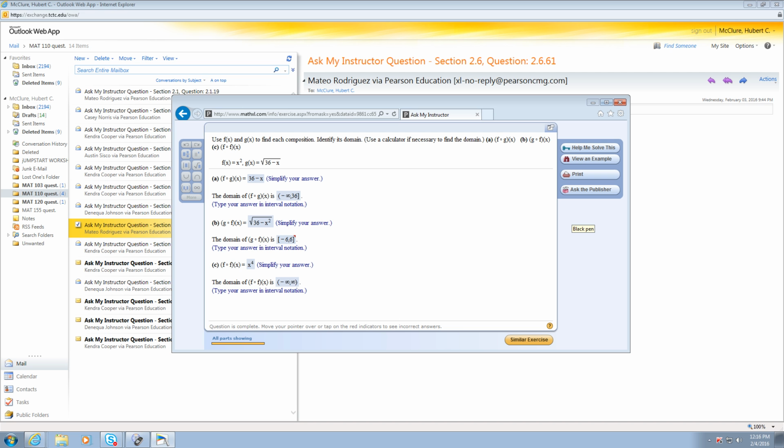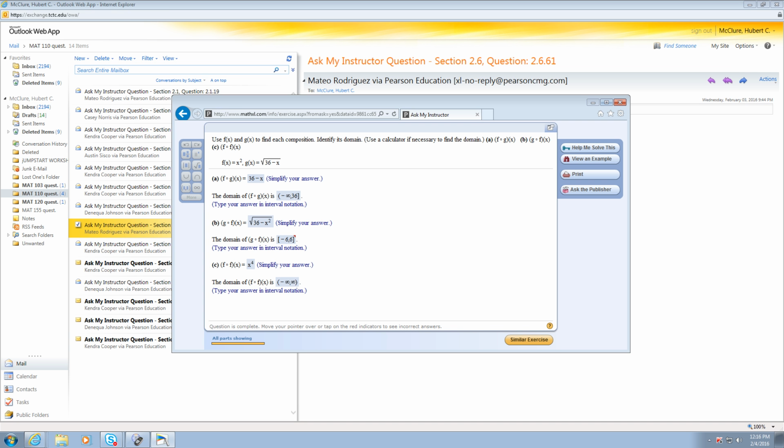F composed of G, I'm going to rewrite F in terms of what? That. G composed of F, I'm going to rewrite G in terms of F. And then F composed of F, I'm going to rewrite F in terms of big sets of parentheses.